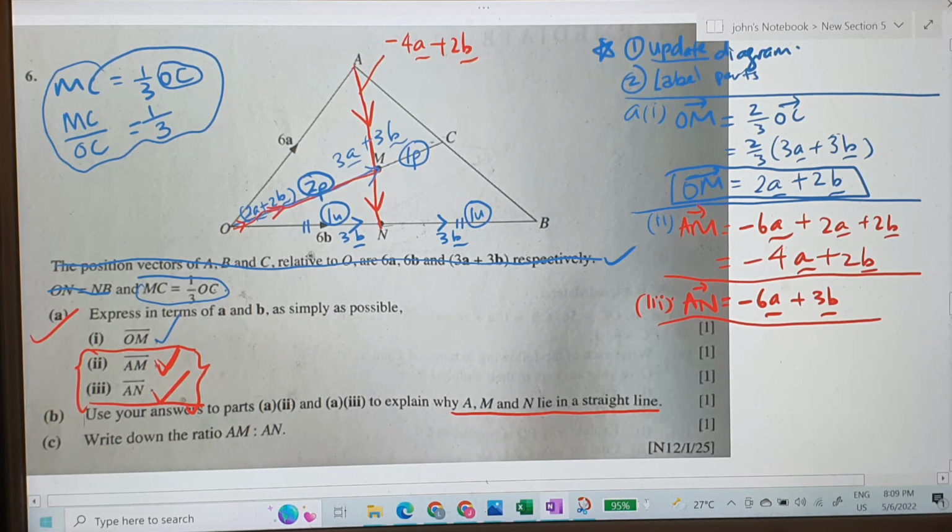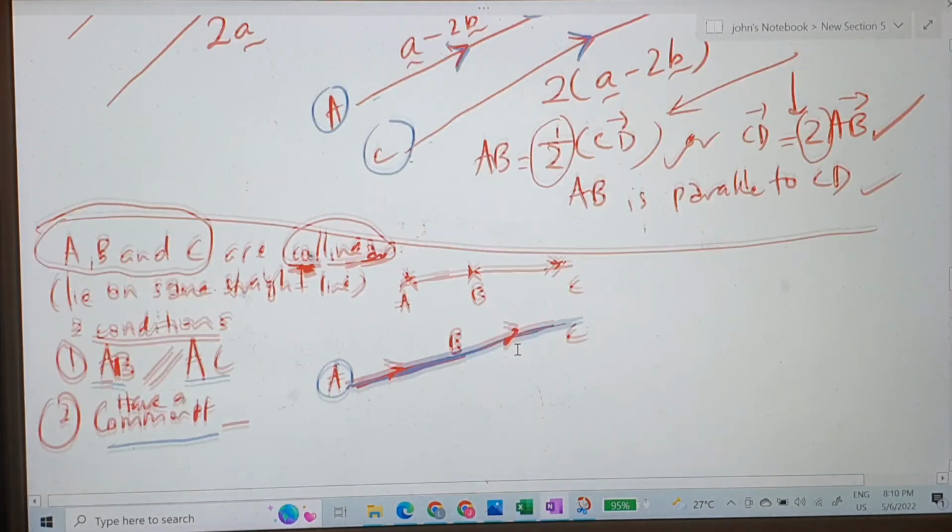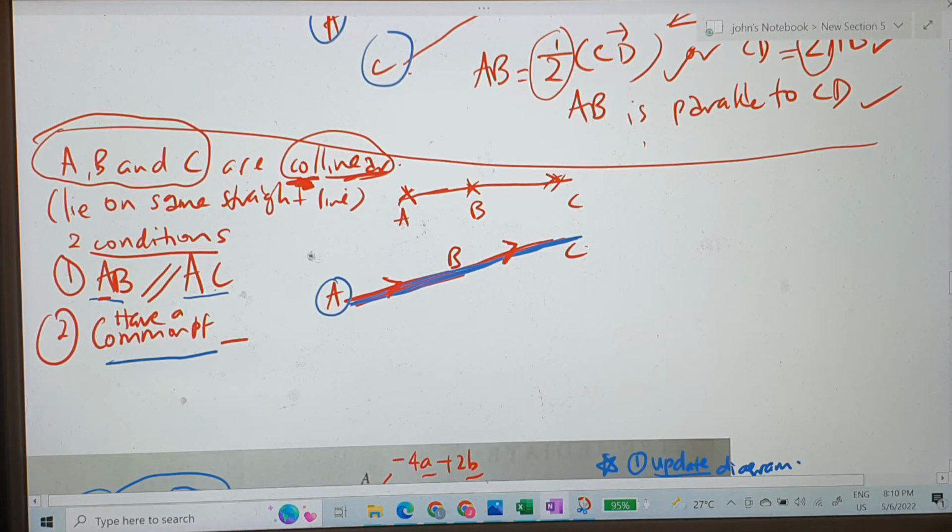Okay, so for A, M, and N to lie on the same straight line, what they're trying to ask you to do is to prove that they are collinear. Okay, collinear, if you remember just now we learned, for 3 points to be collinear, firstly, they must be parallel. That means I must be able to write AB equals to K times of AC.